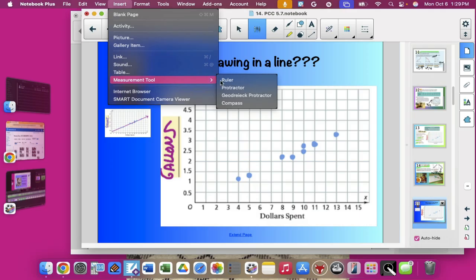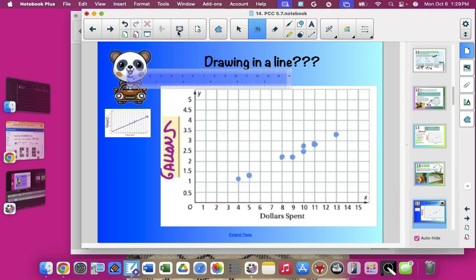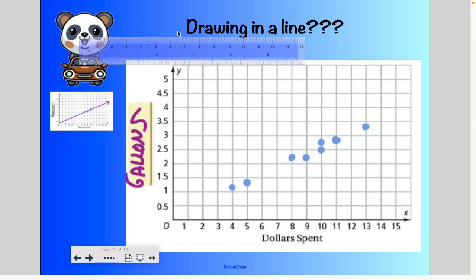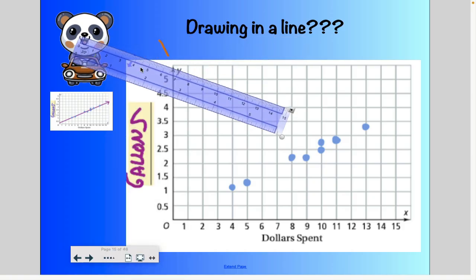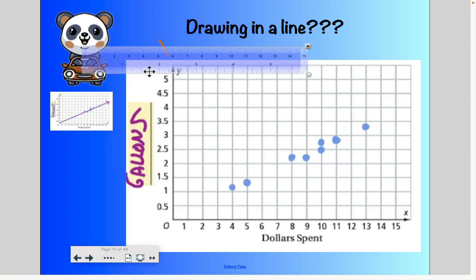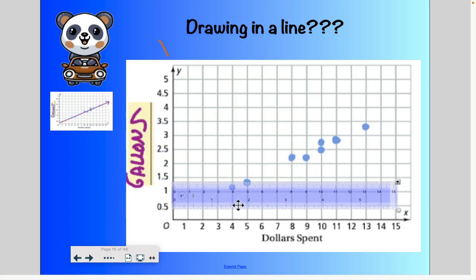They should all be fairly close. Let's just go hand up when you've drawn your line in. We'll talk about your line.